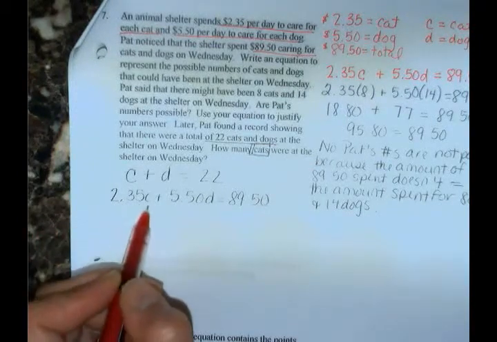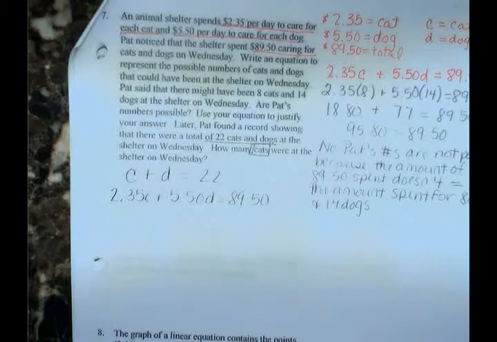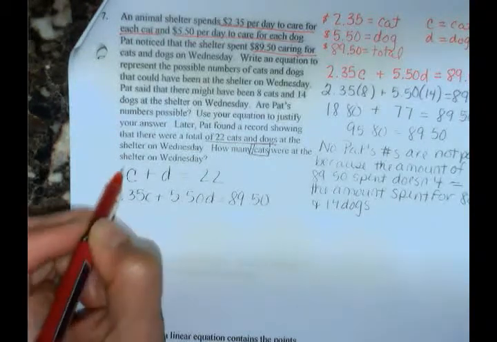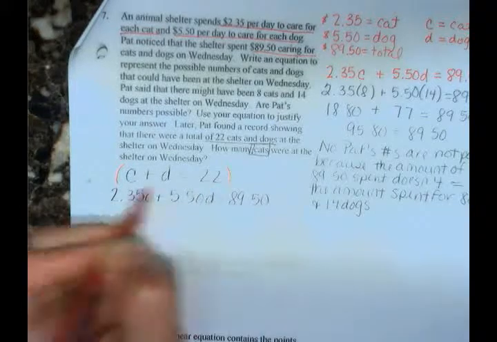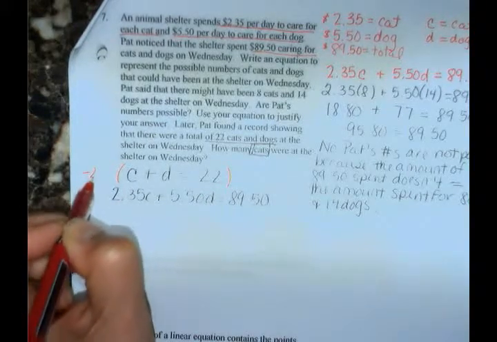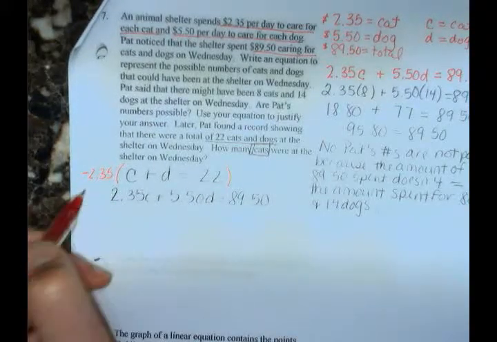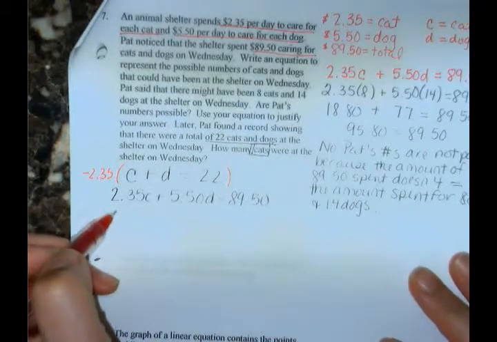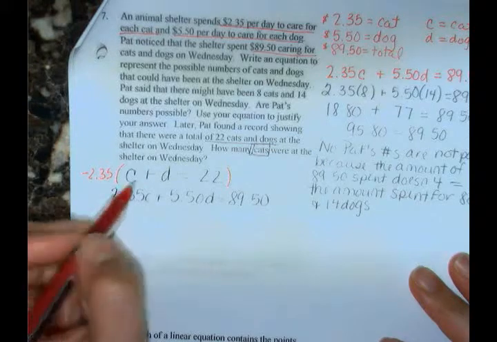So what I'm going to do is choose to eliminate the C. Now again, if you would like to try this, pause it and try it and see if you get the same answer I do. I'm going to choose to multiply by negative 2.35 so that when I add it to a positive 2.35, those will eliminate and we will just have an equation with D's in them.